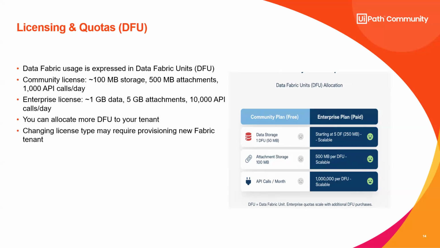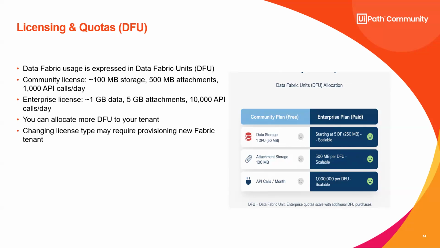And for the enterprise license, the storage is 1 GB, API calls per day are 10,000, and attachments are 5 GB. Each CRUD operation, query or trigger consumes DFUs. If you create a record, that's one DFU.